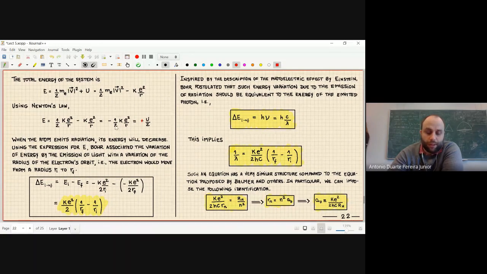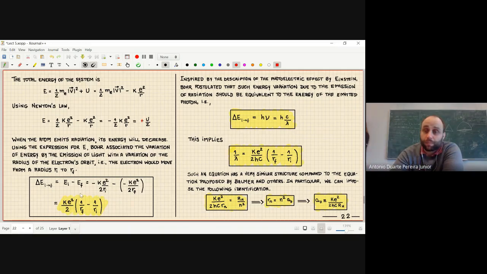So I just write this for Ri, namely the initial radius, and repeat this expression for the final radius. When I subtract, this minus with this minus becomes a plus. And if I factor out ke squared divided by 2, this expression reduces to this one.